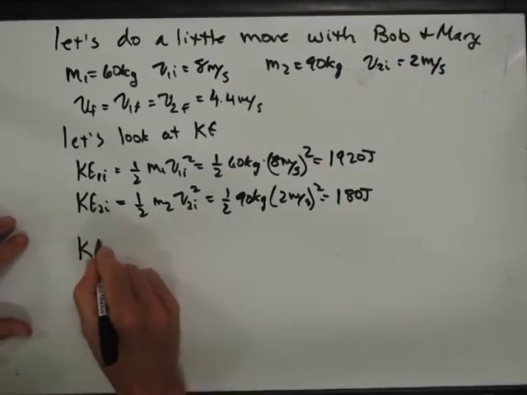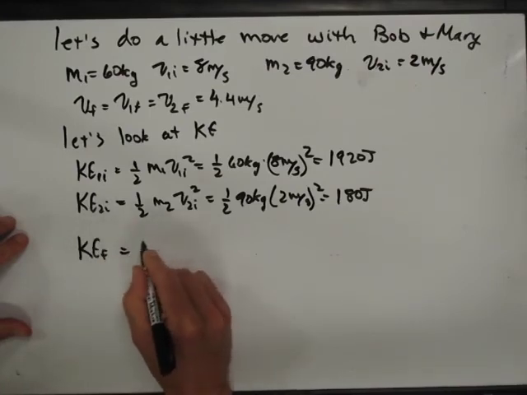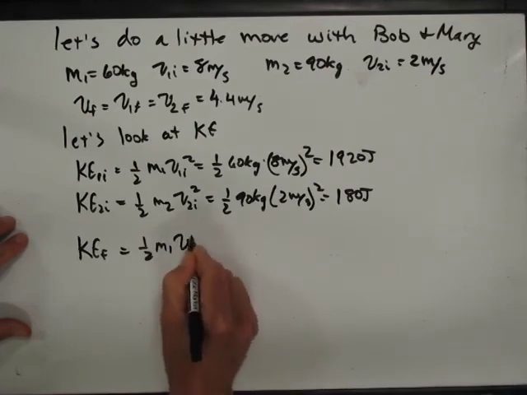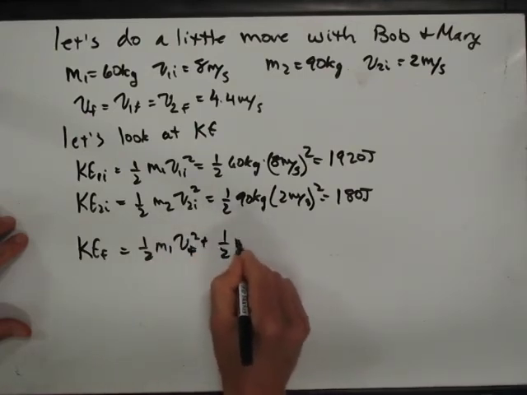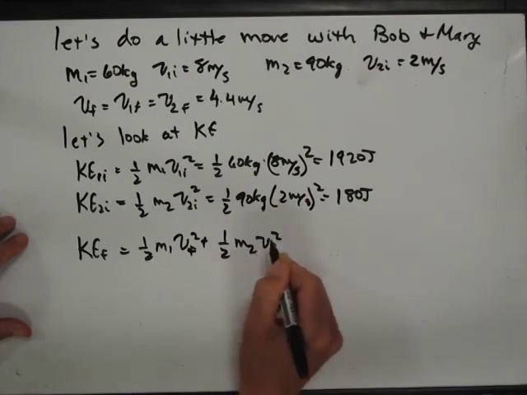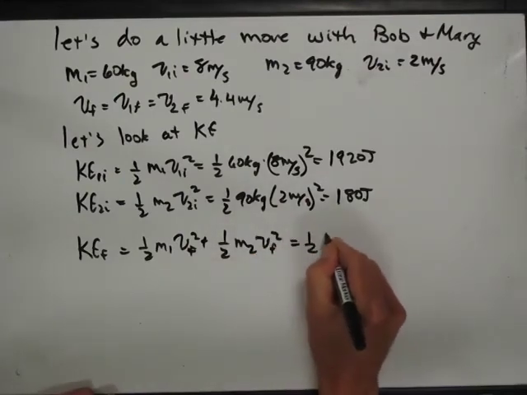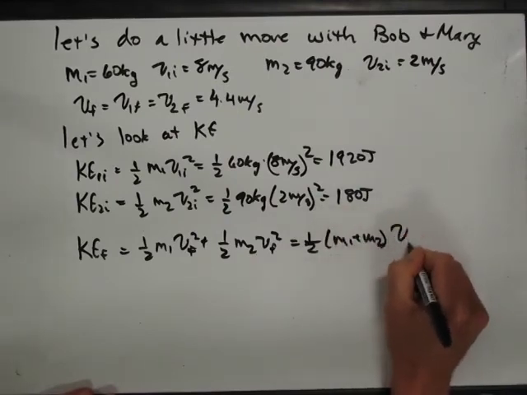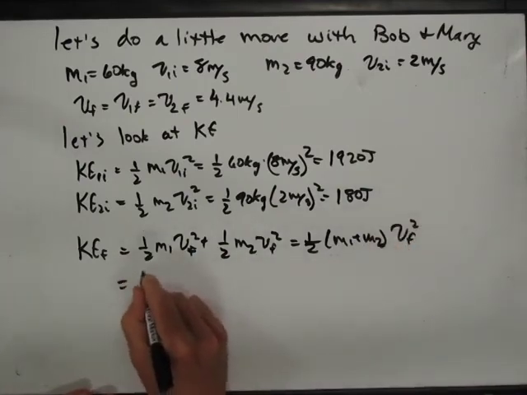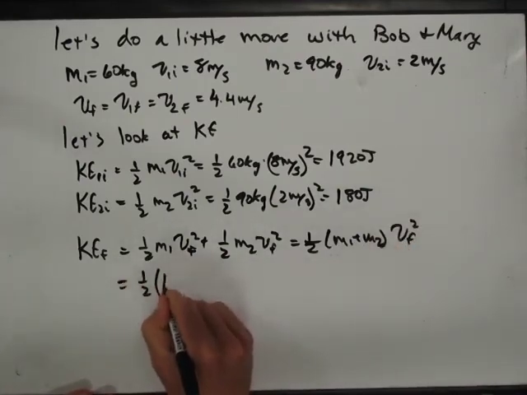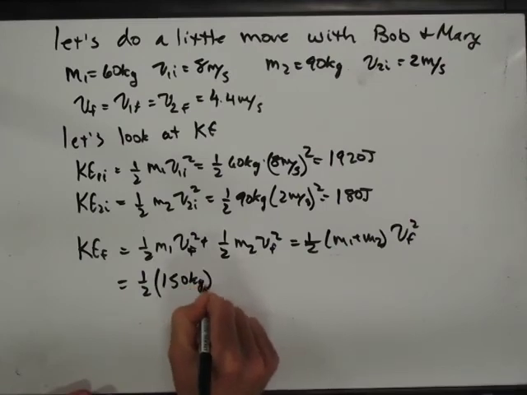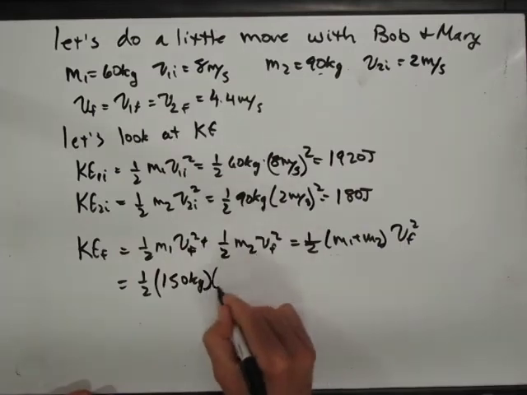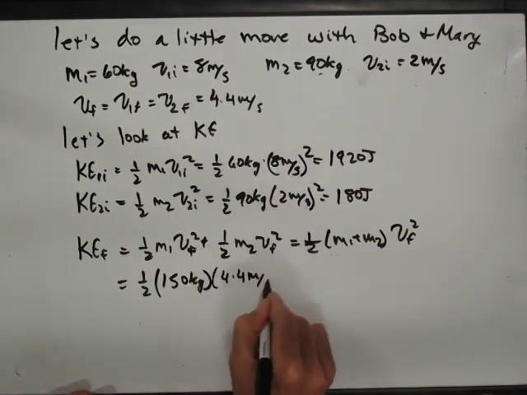And then we can calculate the final kinetic energy, right? Which is just 1/2 M1 V final squared plus 1/2 M2 V final squared, right? Or it's just 1/2 times M1 plus M2 times V final squared. Again, they're going at the same speed at the end, so that's just 1/2 times 150 kilograms, right? It's 90 plus 60 times, I think we got 4.4 meters per second.